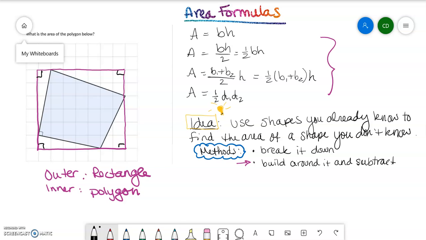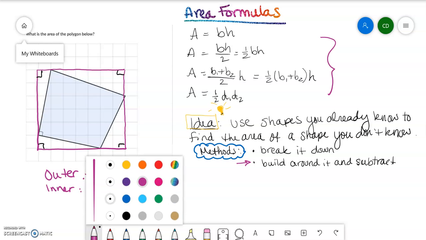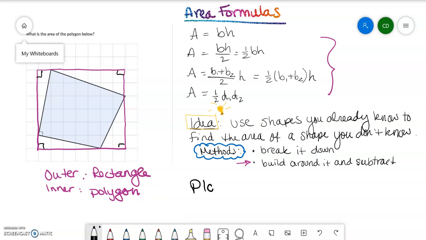So in general, our plan is going to be to do the outer figure minus stuff we don't want. Oops, I can't spell.